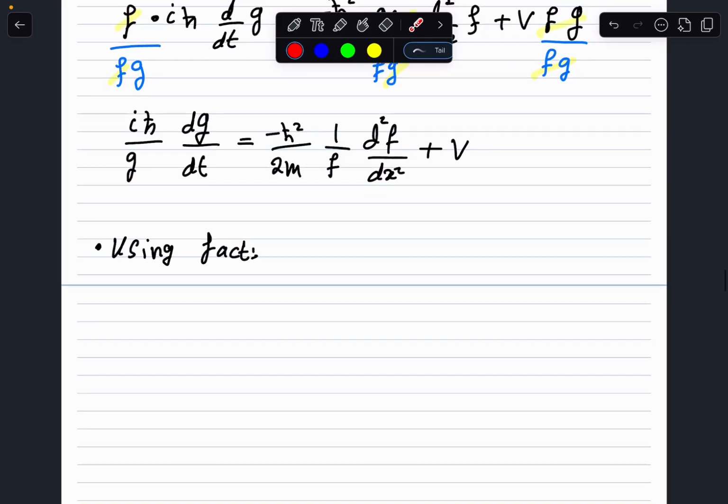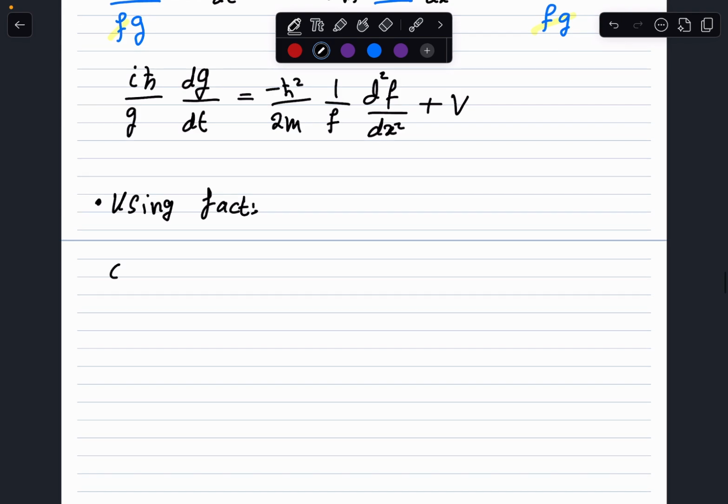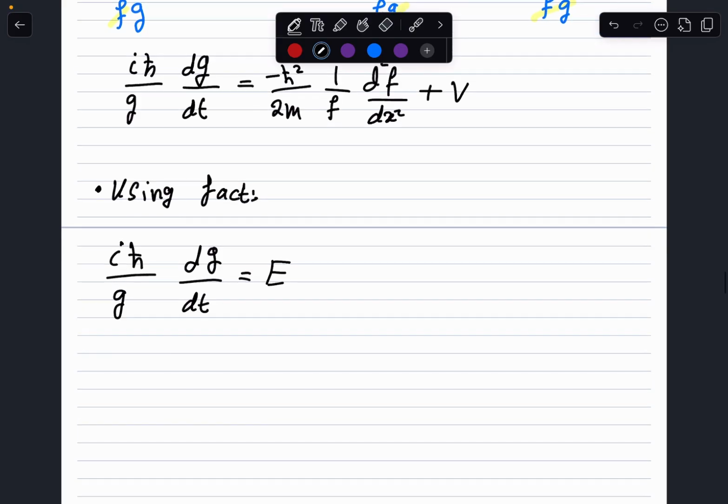So now we have two sides. One expression depends totally on t and the other depends on x. So we can say that i h bar over g, dg over dt, is a constant. I will call it e for now, and you will see why it's called e.